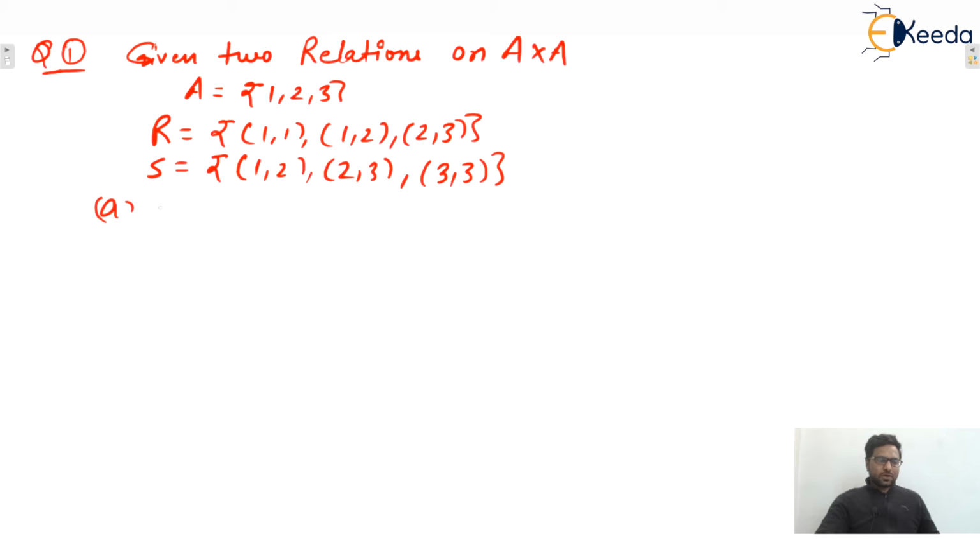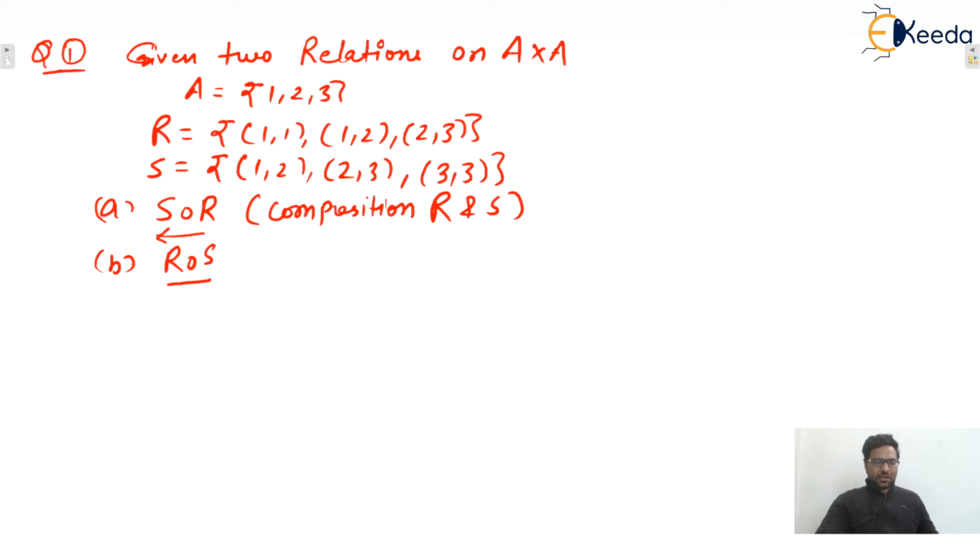So the first question is, what is the composition of R and S, that is S of R. Remember this one. In English statement it is written like that, composition of R and S, and it is represented in the reverse manner. Similarly, composition of S and R will be represented like that, and in English statement it will be written as composition of S and R.